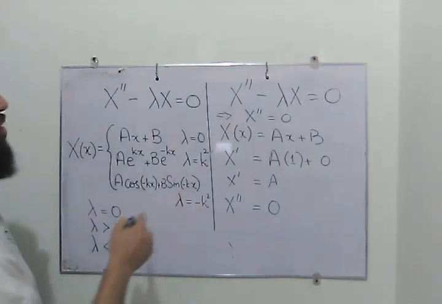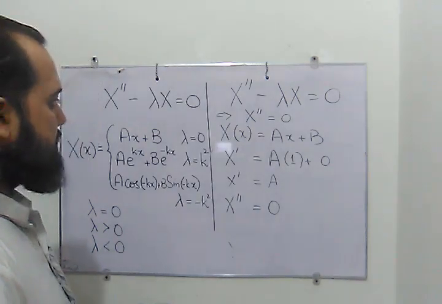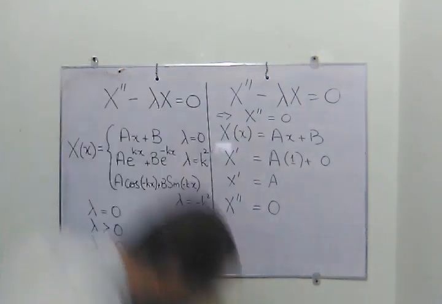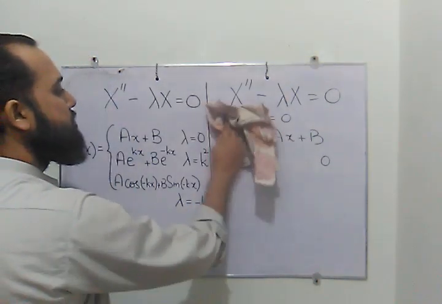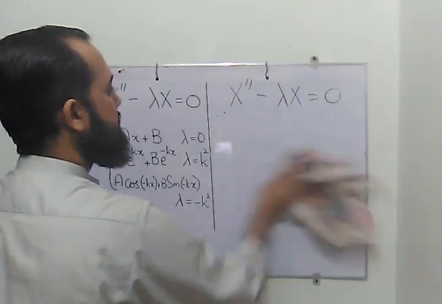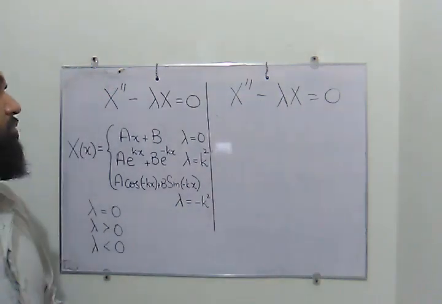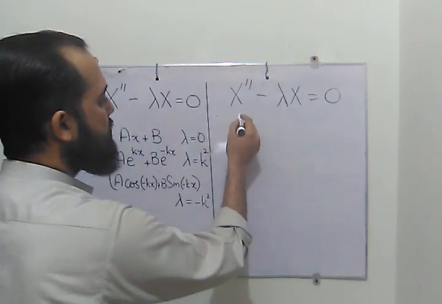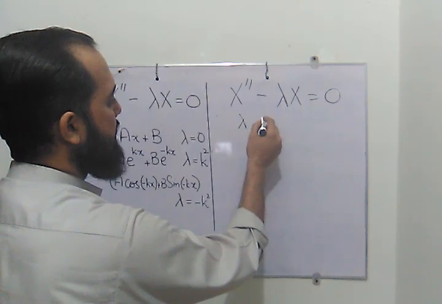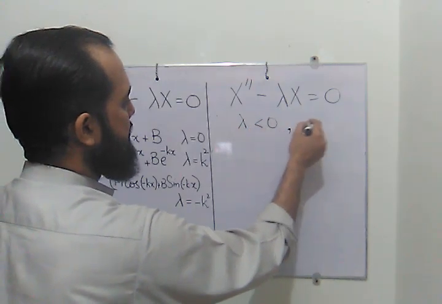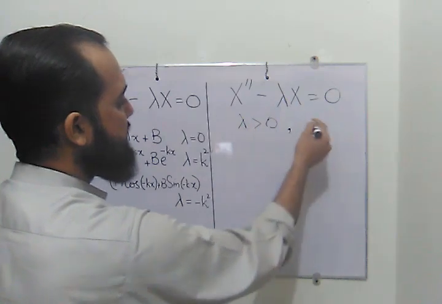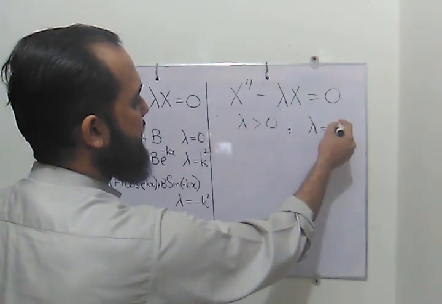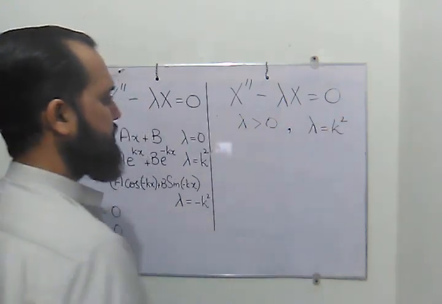Now we check for the positive value of lambda, the second one. Case 2, when lambda is greater than 0, positive value, we substitute lambda as k square.